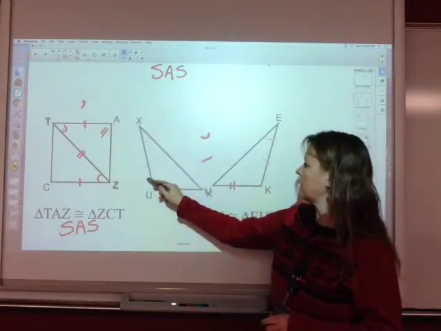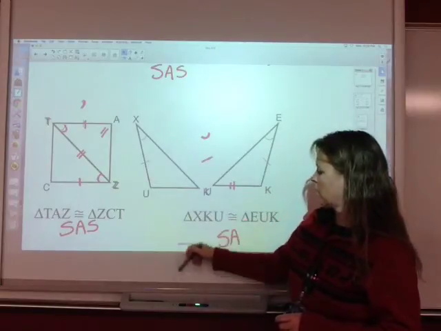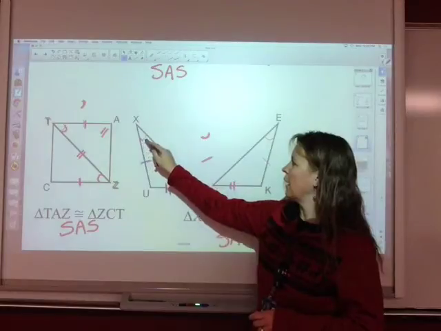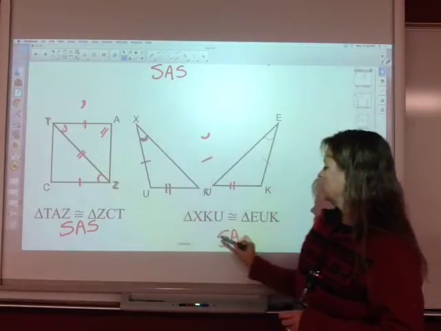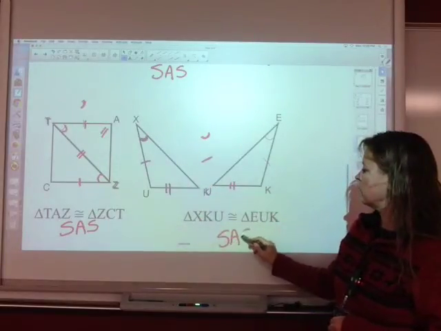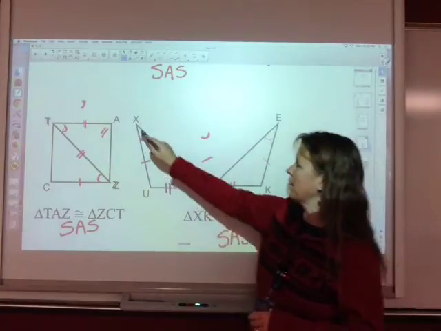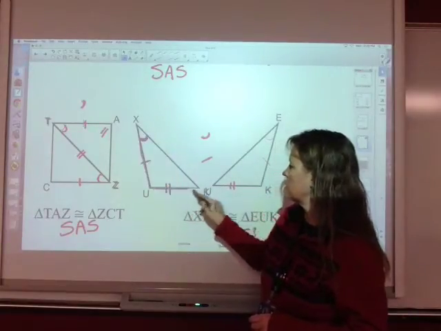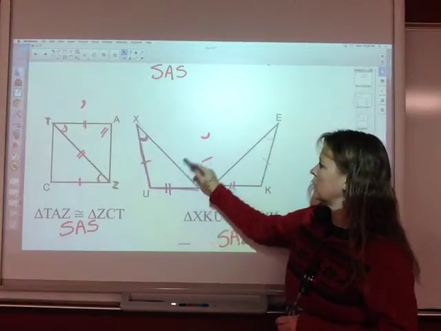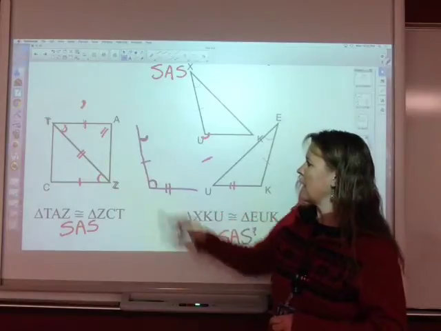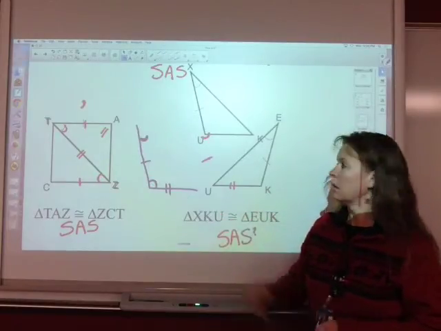If I move this over here, and we mark this reflexive property down here, we have side and an angle. Is that angle included between the two sides or not? If I trace the two sides, the angle that is included has to be between them. That angle is not included between them.